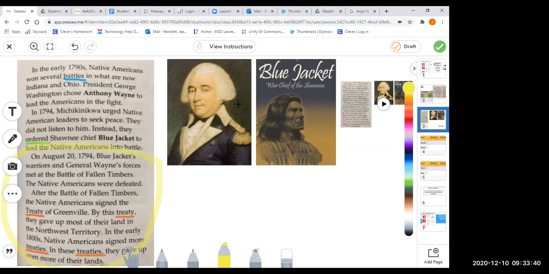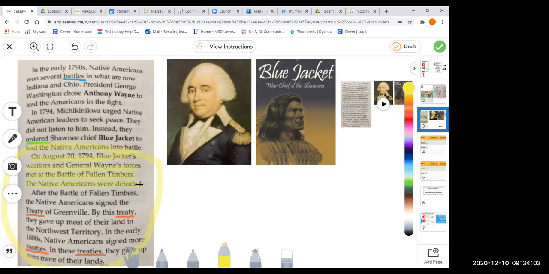Yeah. It says that on August 20, 1794, Blue Jacket's and General Wayne's forces met at the Battle of Fallen Timbers. The Native Americans were defeated.